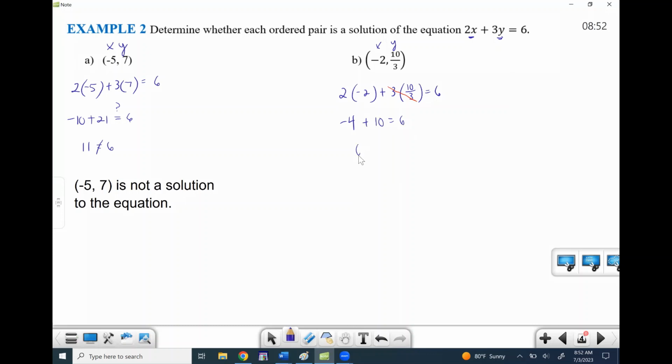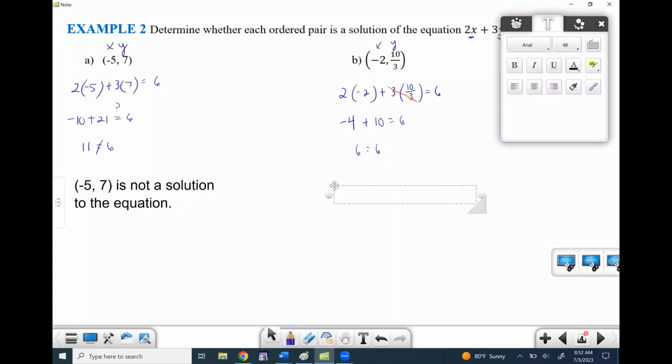And -4 plus 10 is 6. So in this case, it is a solution. Okay, so we're going to go ahead and say, and it probably won't let me type it very well. I'll type it like this: -2, comma, 10/3 is a solution to the equation.